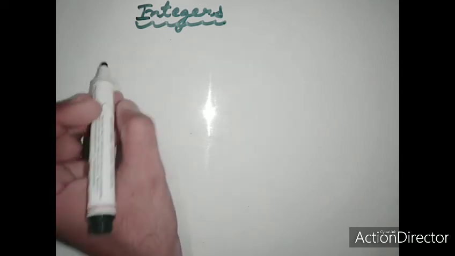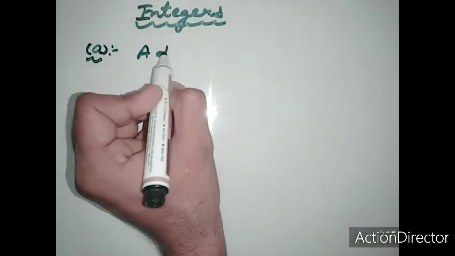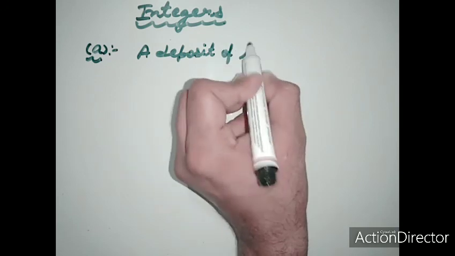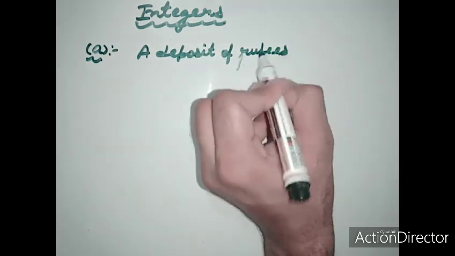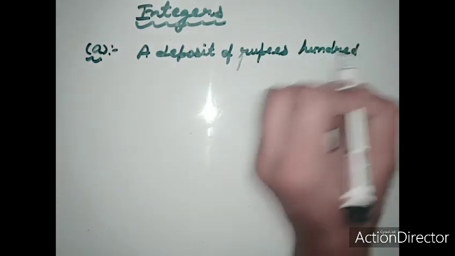So dear friends, we already discussed these types of questions when we discussed integer chapter number 6. Represent the following numbers as integers with appropriate sign, right? So the first question is, a deposit of rupees 100.